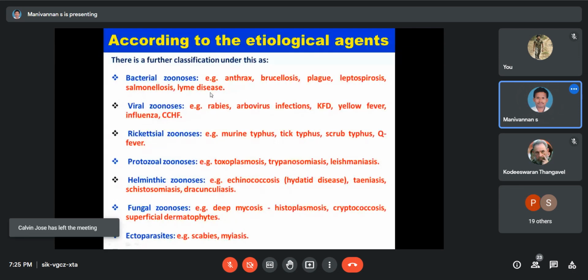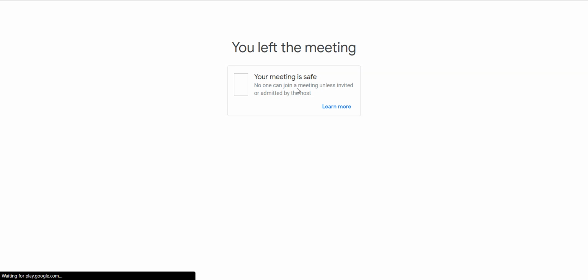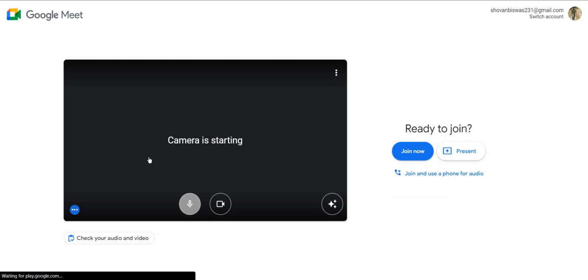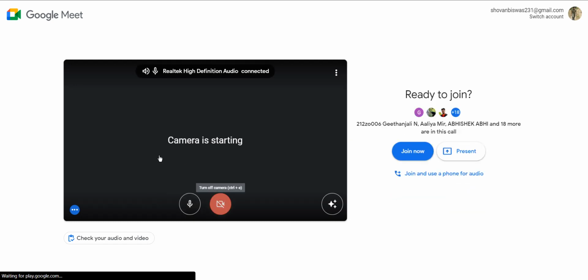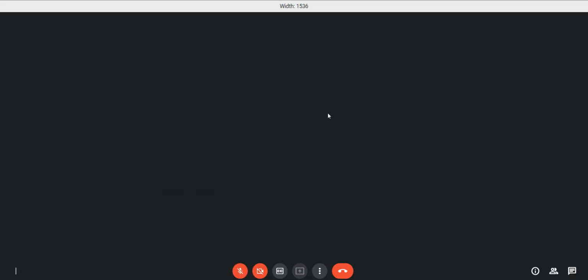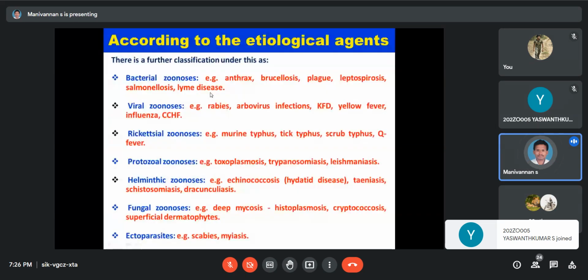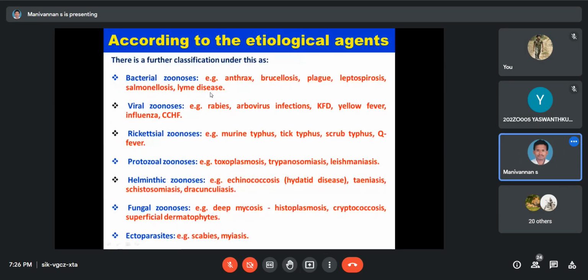What about parasitic disease? Some of them are caused by fungi. Examples: ringworm, Q fever, and mycoplasma. That is called fungal zoonosis.